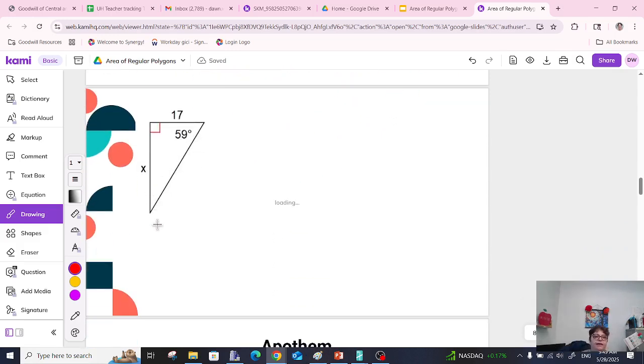Okay. And then which trig function did you get for this one? This was tangent. It should have been tangent 59 degrees is equal to opposite over adjacent, which is x over 17.